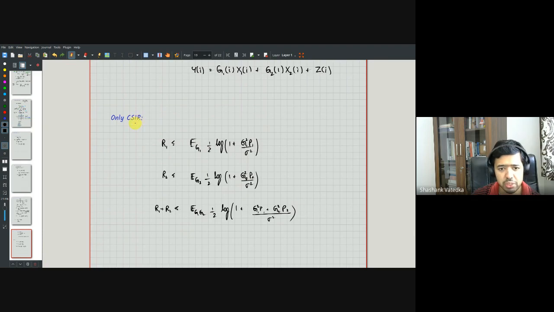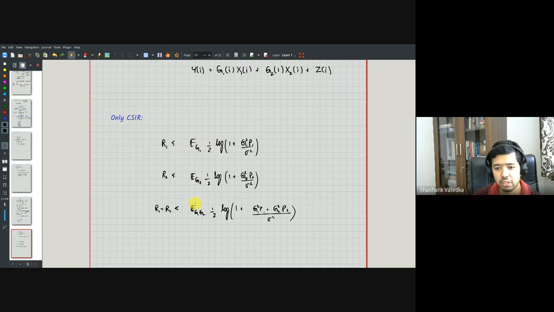This is assuming that there is only channel state information at the receiver. Once again, for the specific channel at hand, you can evaluate these quantities. In some cases it's not very easy to evaluate these expectations; for certain random variables they may be easy to evaluate, but for others it might be more complicated.